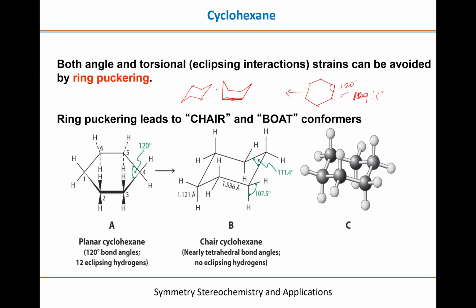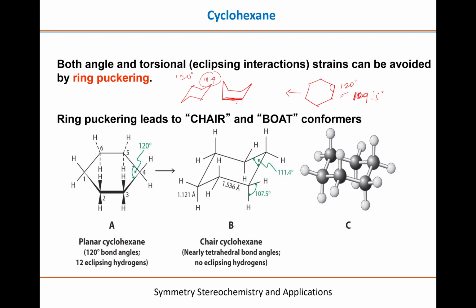In these two conformations, in the chair conformation, the angle is 111.4, which is more stable than 120, right? Because this is more stable, the chair conformation is more stable here.